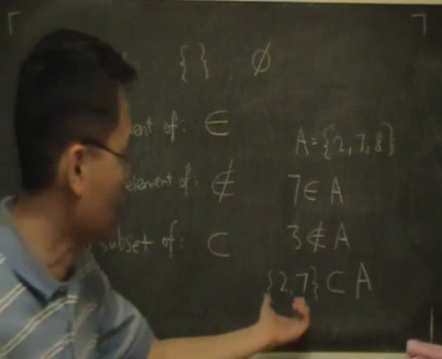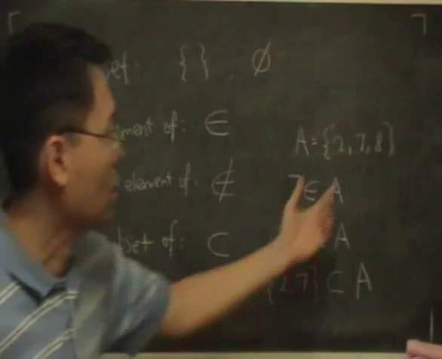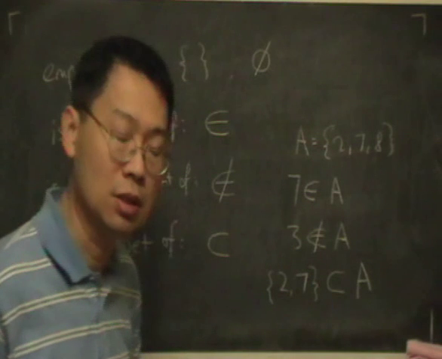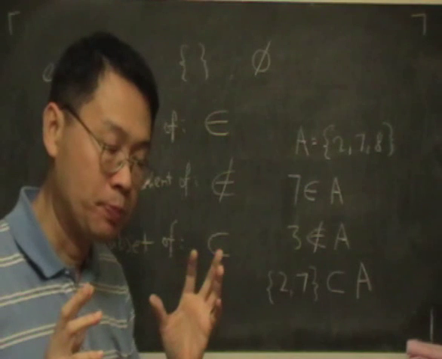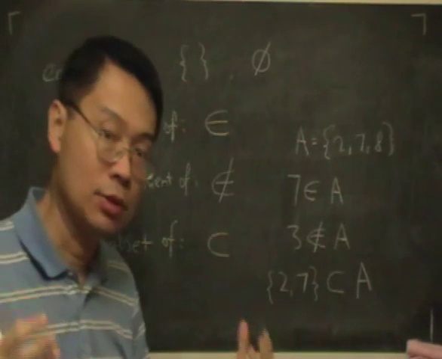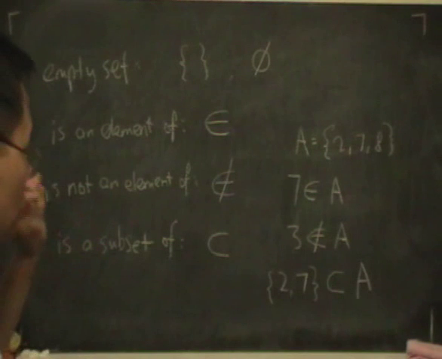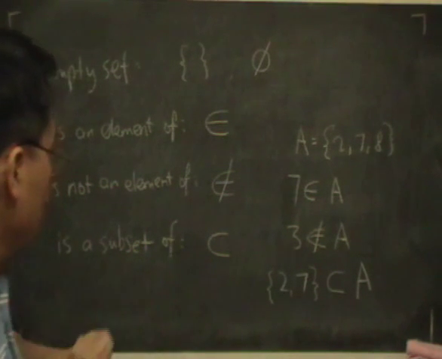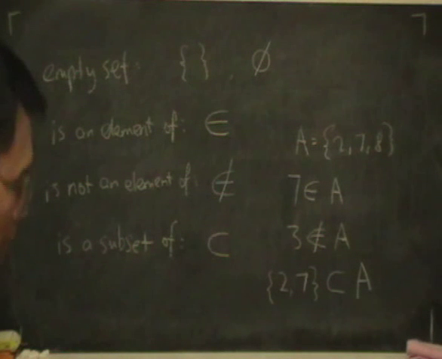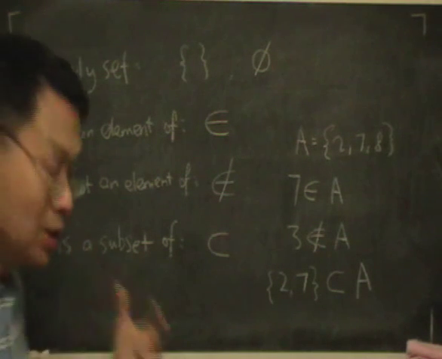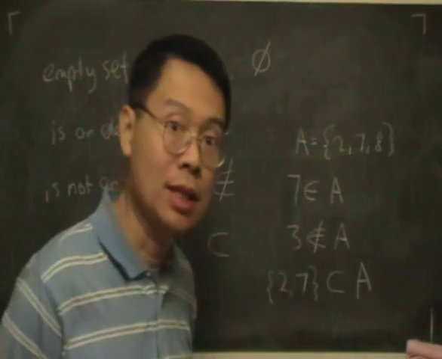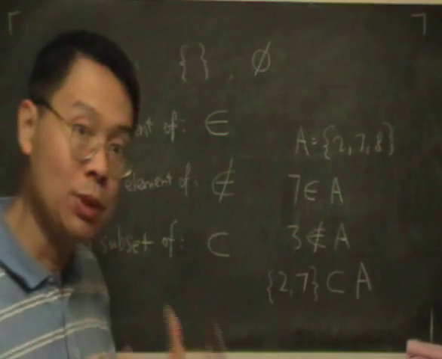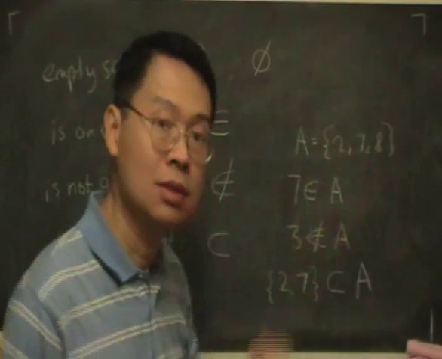Alright, that means that the elements in this set are also contained in A. Now, although that's usually often the case, the strict meaning of this word subset just means a set whose elements are contained inside A. So for example, a subset can actually be the whole set.